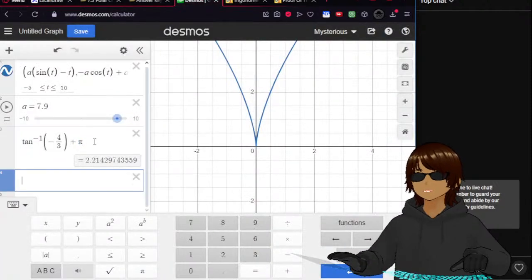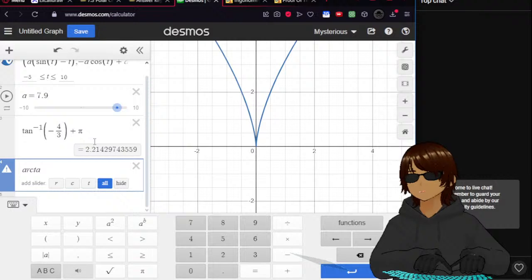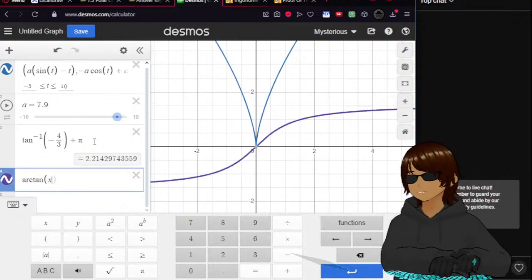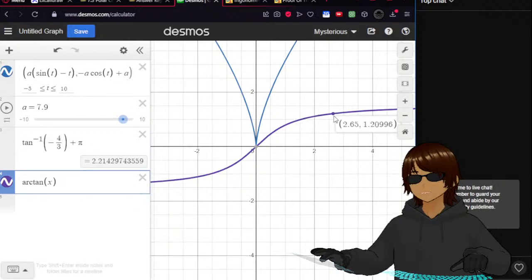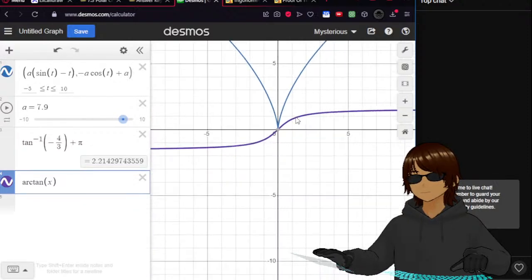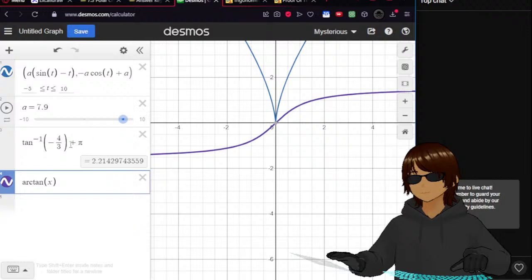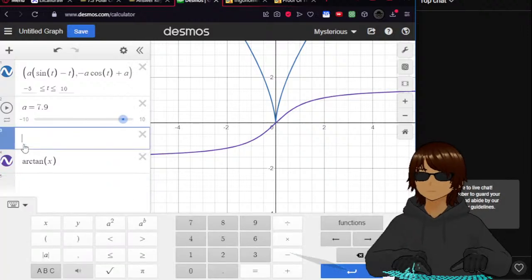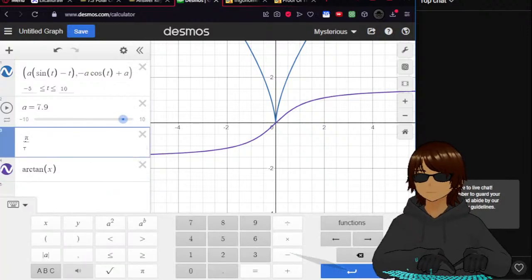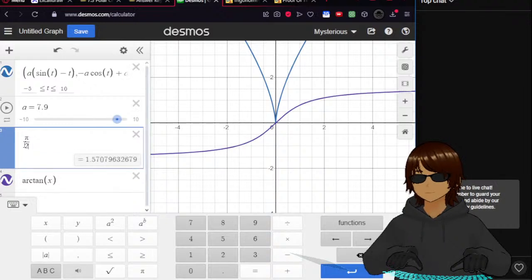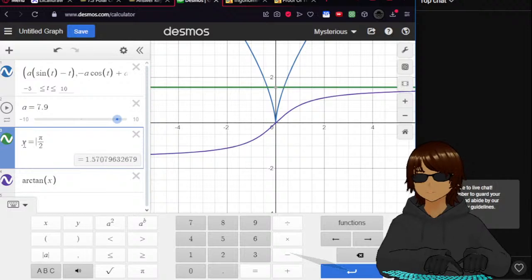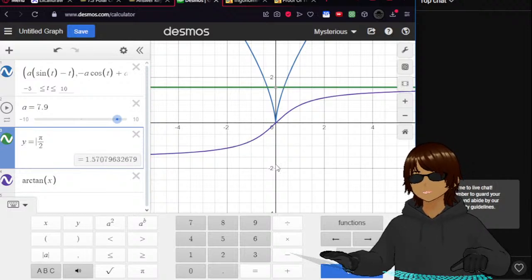That's where arctan x is defined. So it's between minus pi over 2 and pi over 2.